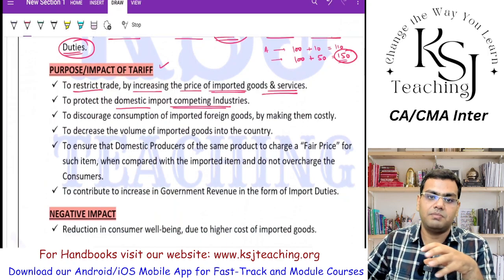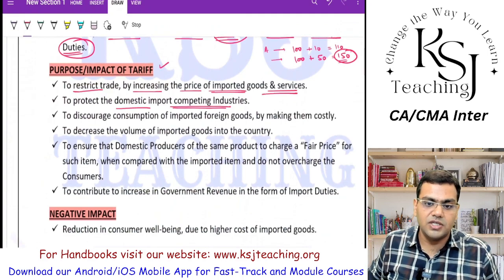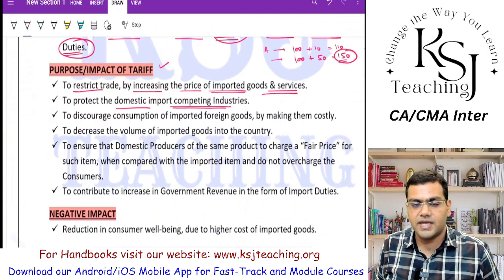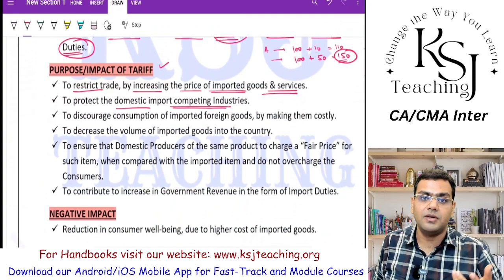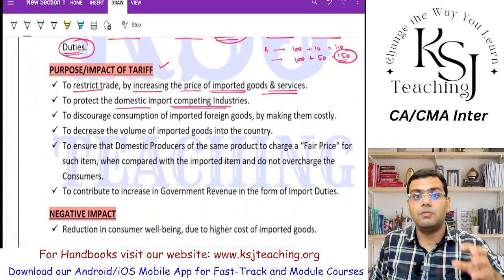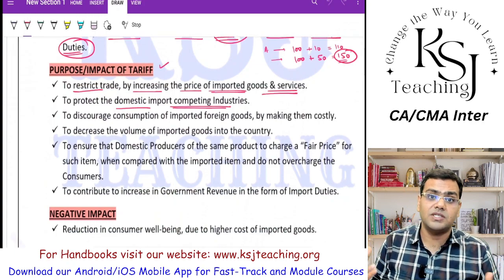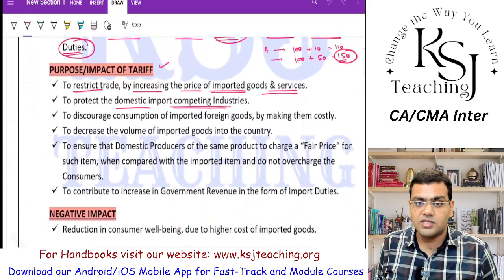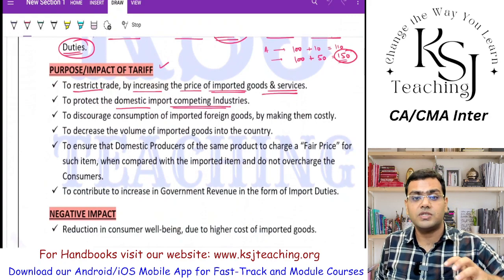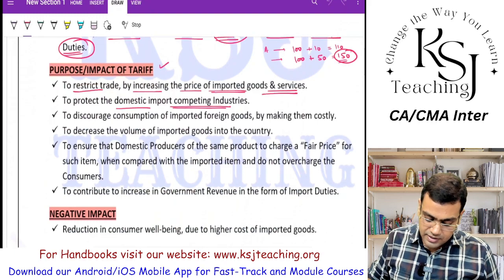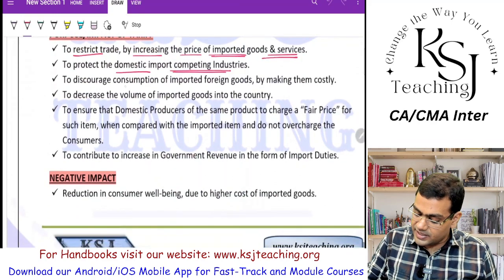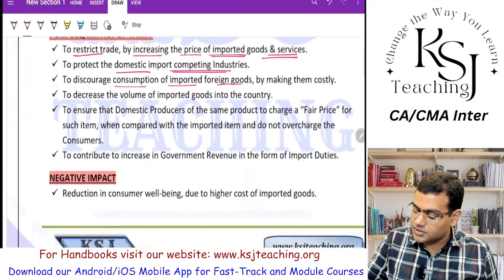Otherwise what will happen? If the import is very cheap, people will import the goods from outside and that will be detrimental to the growth of the domestic industry. Now how will the domestic industry flourish? The domestic industry will not be able to flourish if the imports are very, very cheap, right? So, to discourage the consumption of imported foreign goods by making them costly.